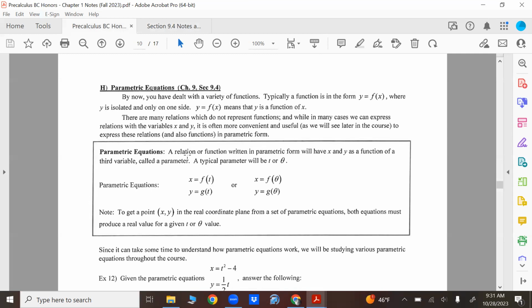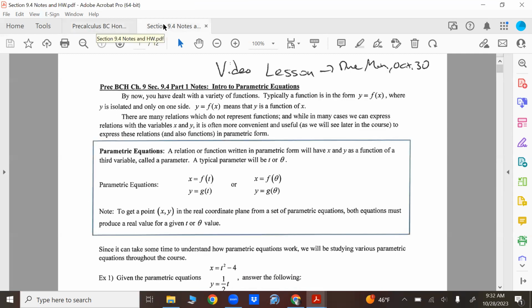But at its core, it's just two equations, x and y, and both are in terms of the same variable. Usually we call it t or theta or whatever you want. We are going to be talking about theta often as we move on to polar equations, tying it to trig and how it relates to conic sections, which we've done recently. So again, we've seen y equals f of x, where y is isolated on one side, y is a function of x.